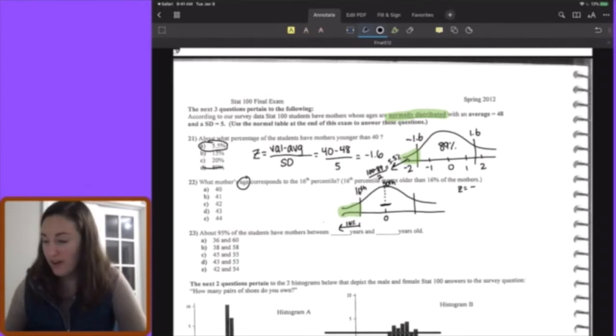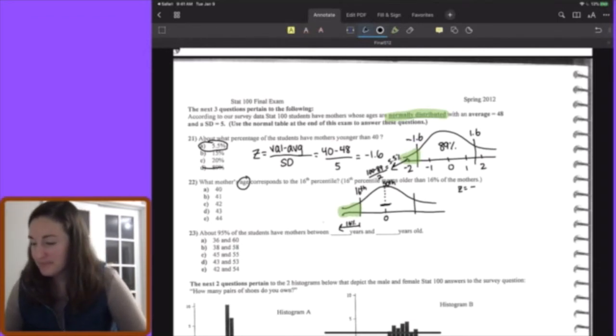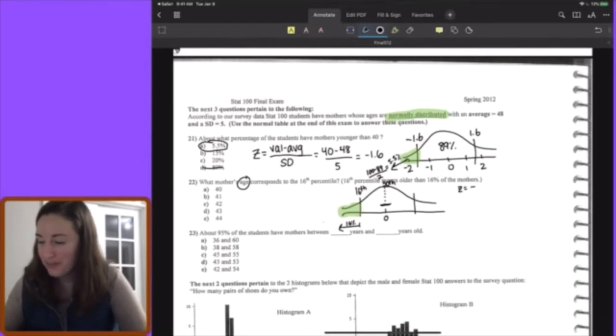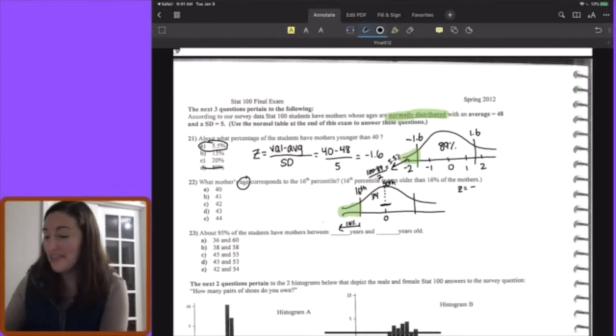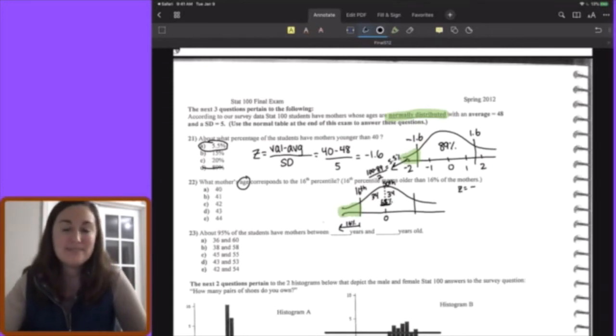So how far is 16 from 50? That would be 34, right? And then the other half of the middle area has to be 34. So the total middle area is 68%.